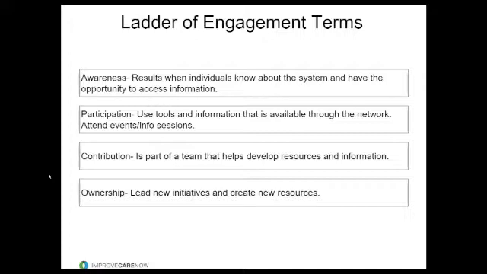This is when the individual actually uses tools and information available in the group and in the network. They can attend events or sessions. So this could be attending a community conference, attending monthly phone calls, answering group emails, different things like that.